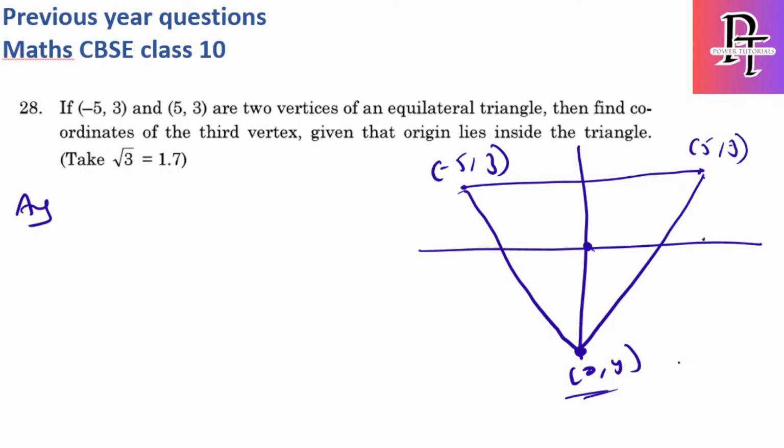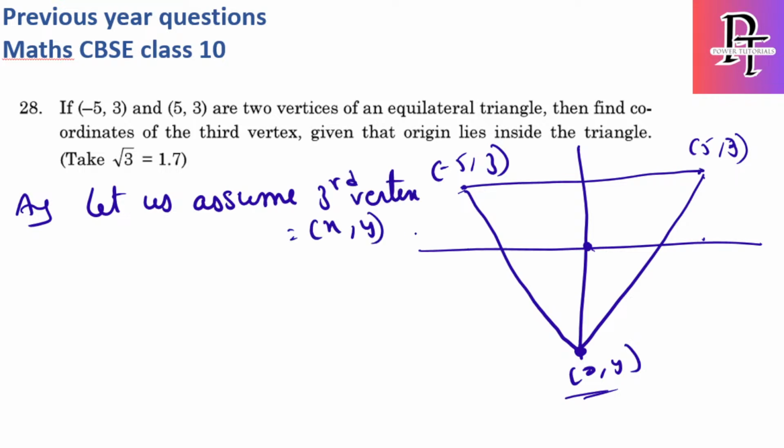Okay. So let us assume that the third vertex is x, y. So for an equilateral triangle, what is the condition? All sides are equal.